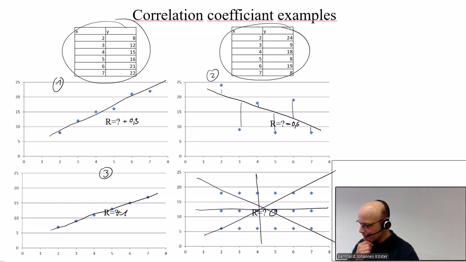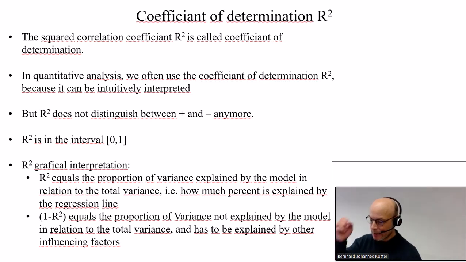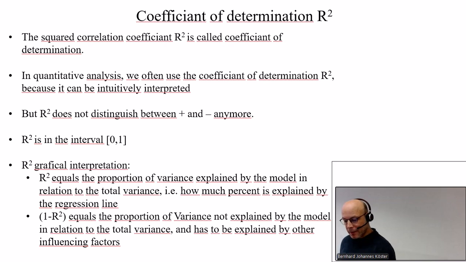We will calculate this, but I also want to show the r squared, that we also can nicely interpret. Well, we lose this information of plus and minus, but in the end, we obtain always this information by just looking at our data set.